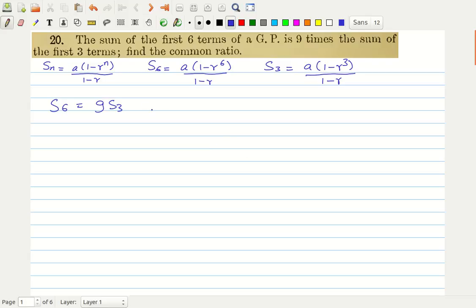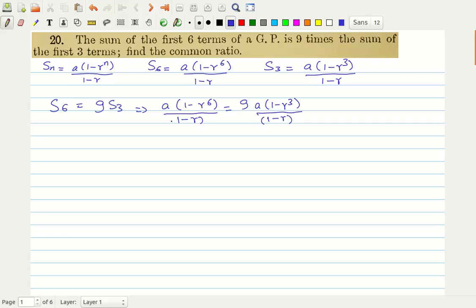So this implies that a times 1 minus r to the power 6 divided by 1 minus r is equal to 9 times a times 1 minus r cube divided by 1 minus r.